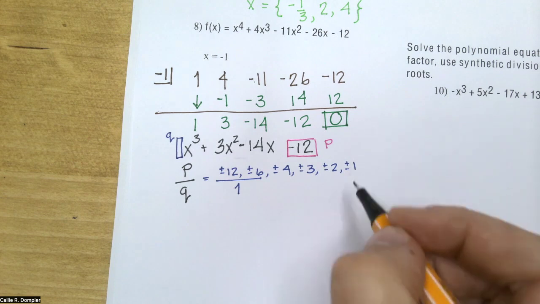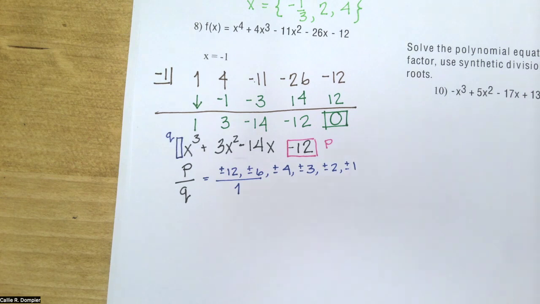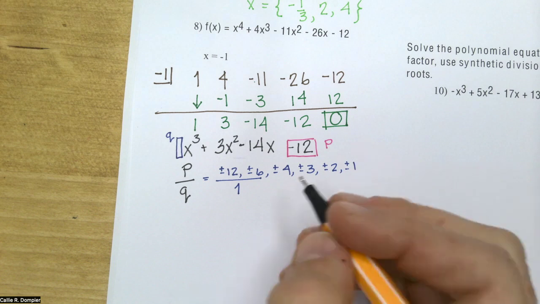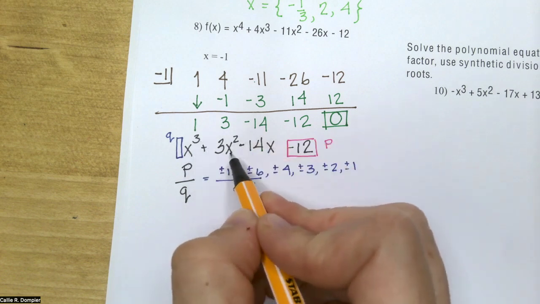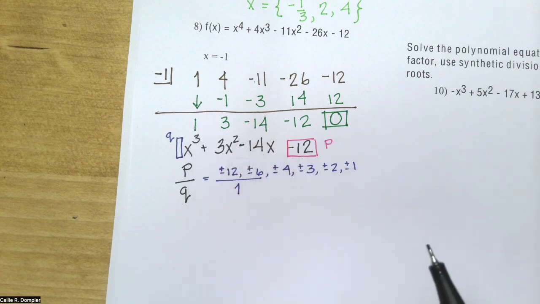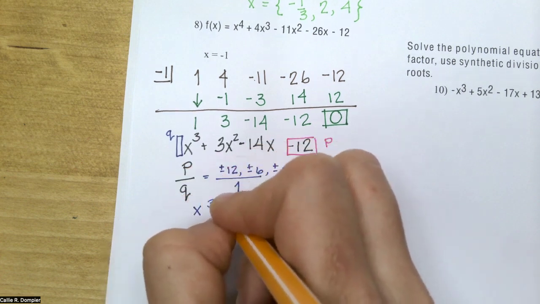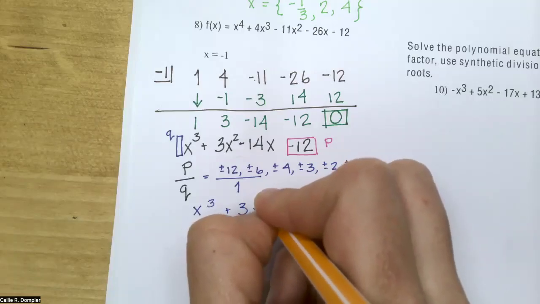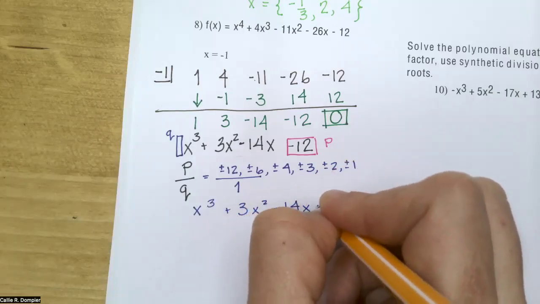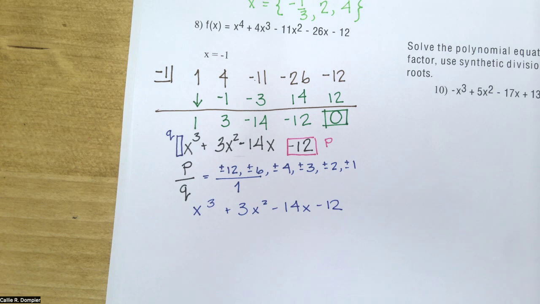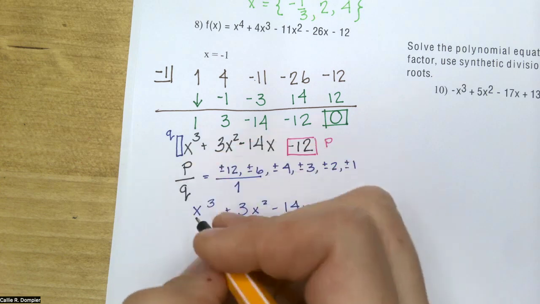I can go on to +1. So let's see if +1 is a factor of x cubed plus 3x squared minus 14x minus 12.